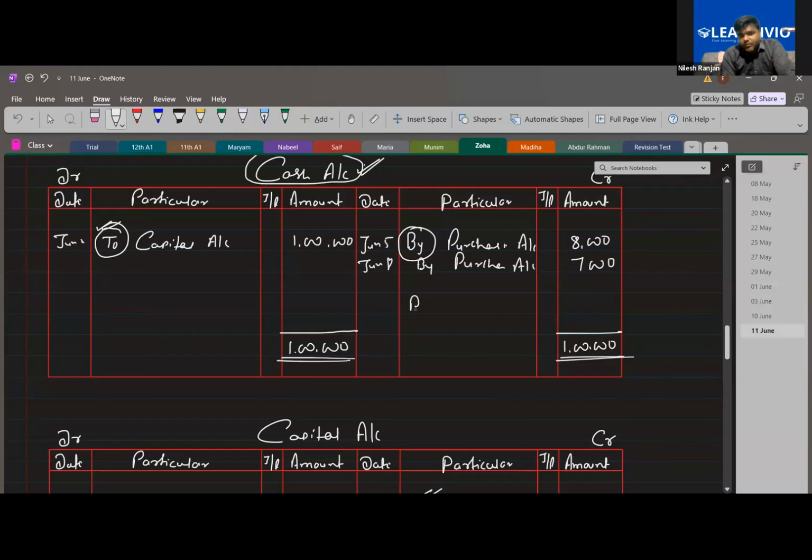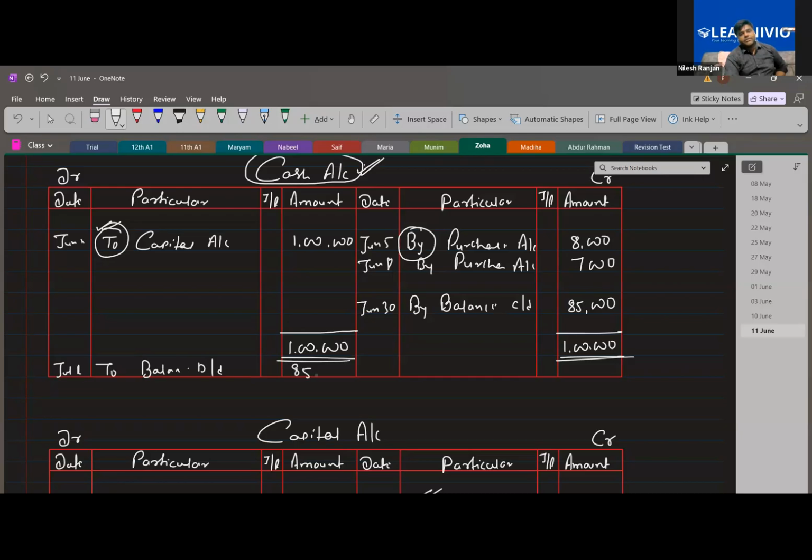So we will write by balance c/d and the difference, 1 lakh minus 15,000, it will be 85,000. And it will be last date, June 30. And this balance again will come in the beginning of next period, July 1st, to balance b/d 85,000.